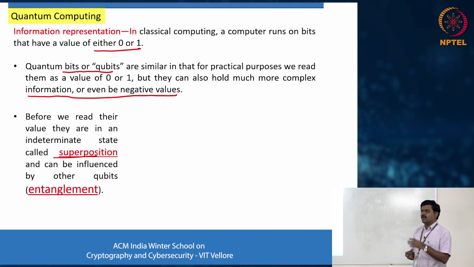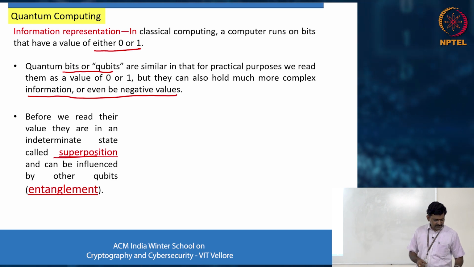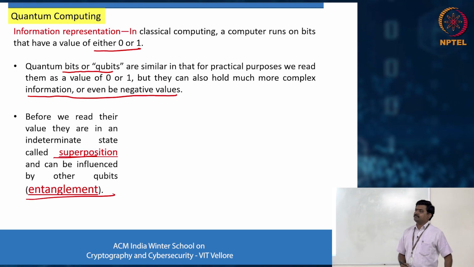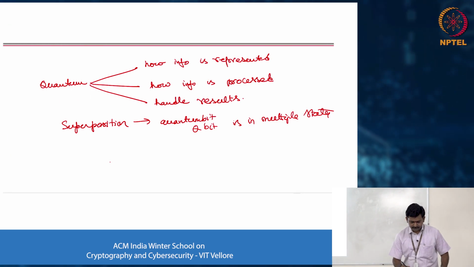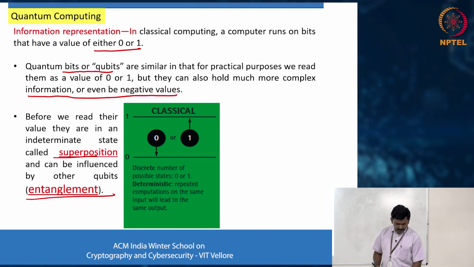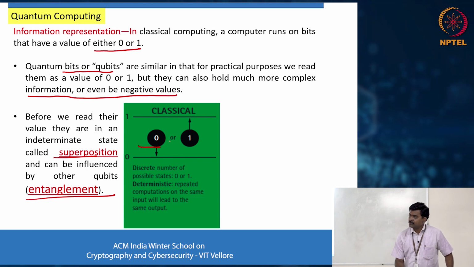One qubit affects another qubit, which affects another qubit. This phenomenon is called entanglement. So, superposition and entanglement.